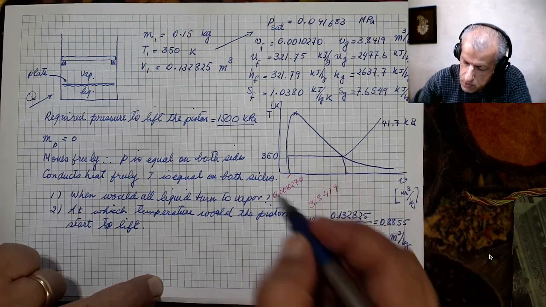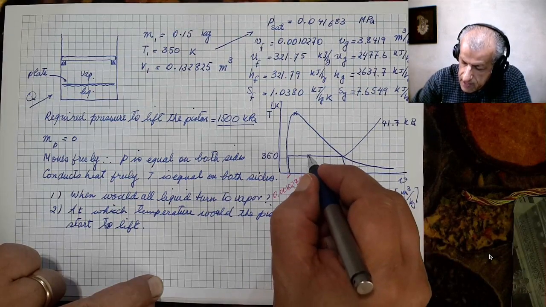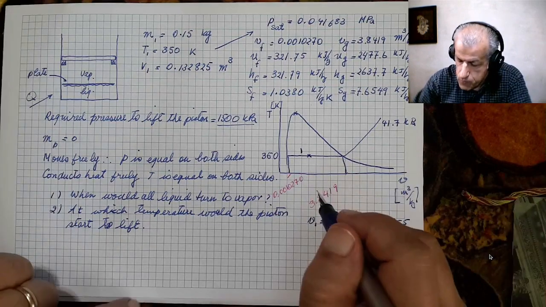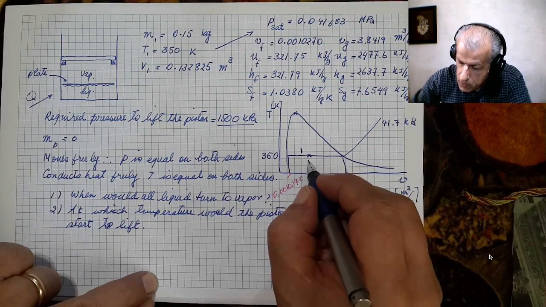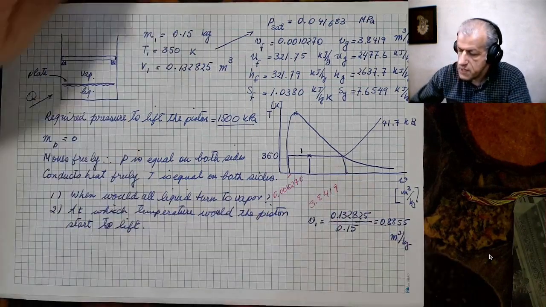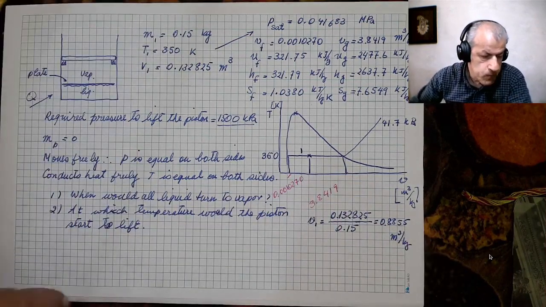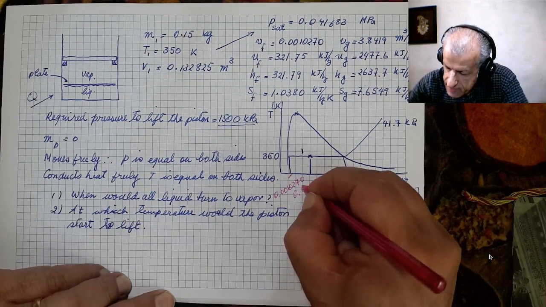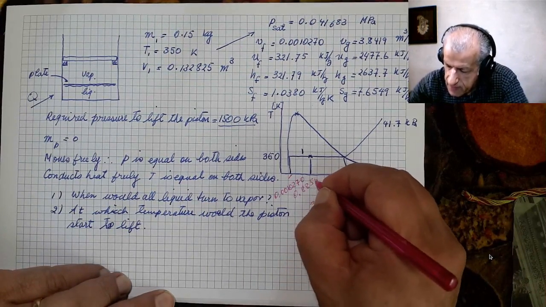and this point. So we have, say, point 1, and we know that its specific volume is 0.8855.